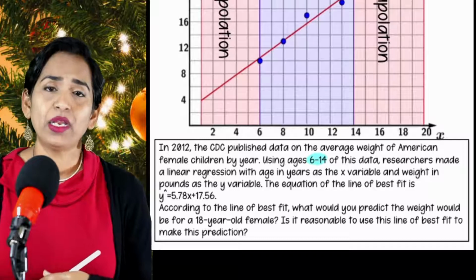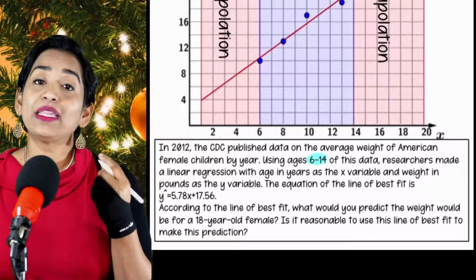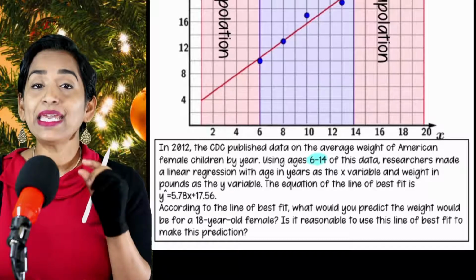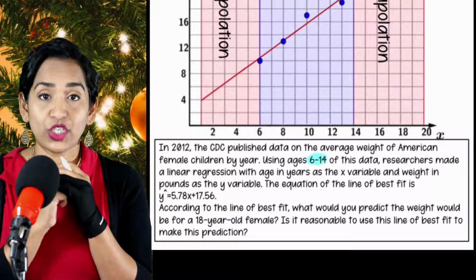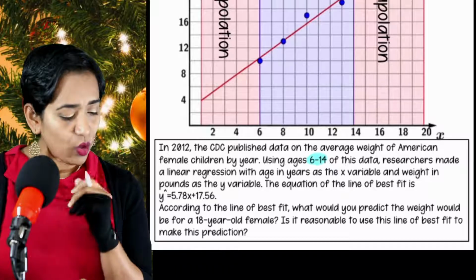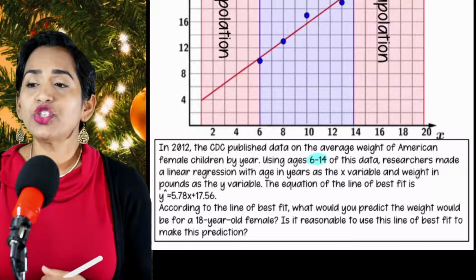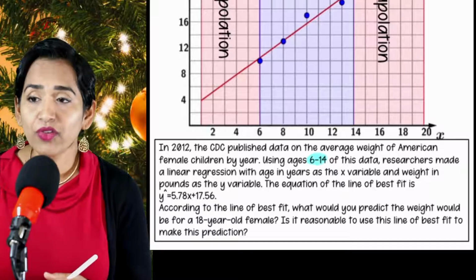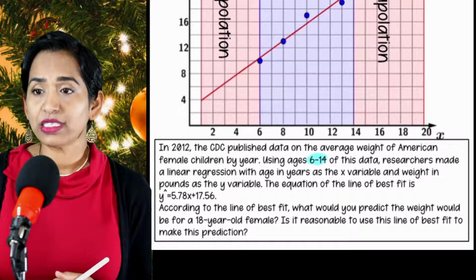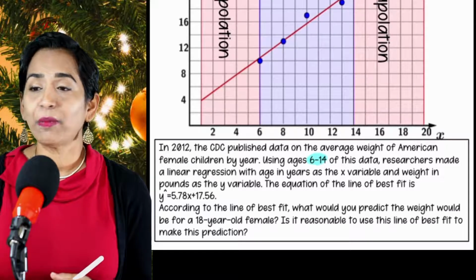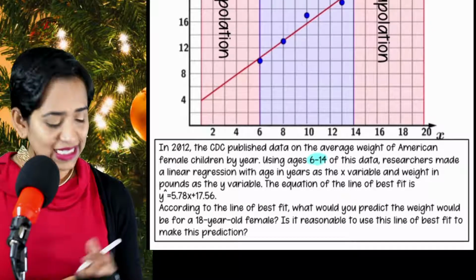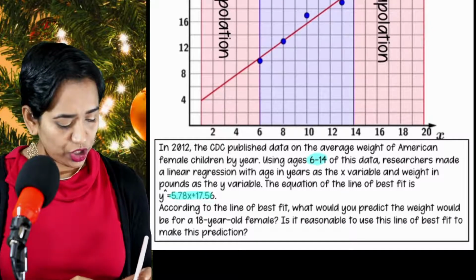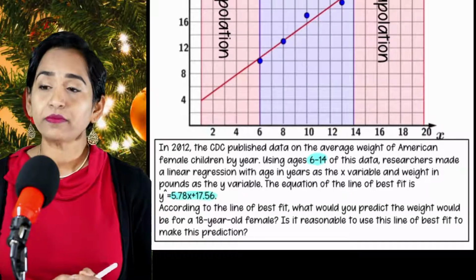So what does that mean? If I'm using the line of best fit, I can predict the values that are in between 6 and 14. Now what are they saying? The researcher made a linear regression with age in years as the x variable and weight in pounds as the y variable. The equation of the line of best fit is given, so they already found it.